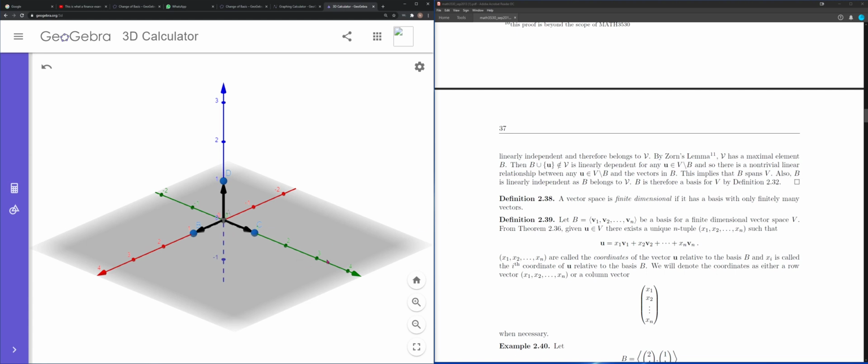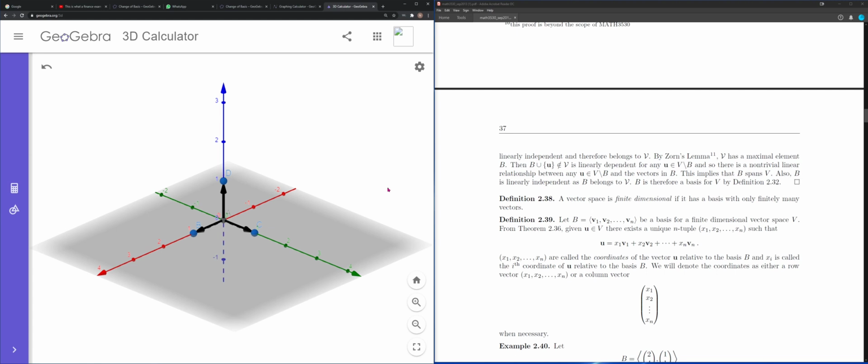So both R2 and R3 are finite dimensional. We saw an example of something that is not finite dimensional: the vector space of all polynomials, not of any fixed degree, is not a finite dimensional vector space, and we did that in a previous lecture.